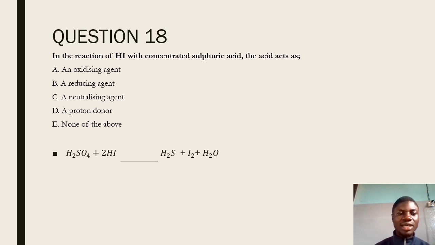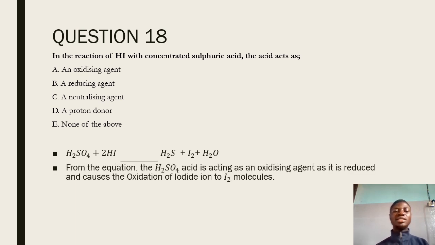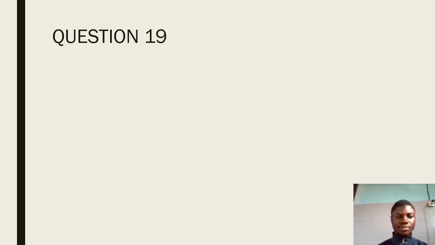We can see that sulfuric acid has been reduced, while the iodide ion has been oxidized to iodine. An oxidizing agent undergoes reduction by causing the oxidation of another species. So we can see that the oxidation state of iodine on the left hand side is -1, while on the right hand side it is 0. Therefore, sulfuric acid is acting as an oxidizing agent, reason why the answer is A.